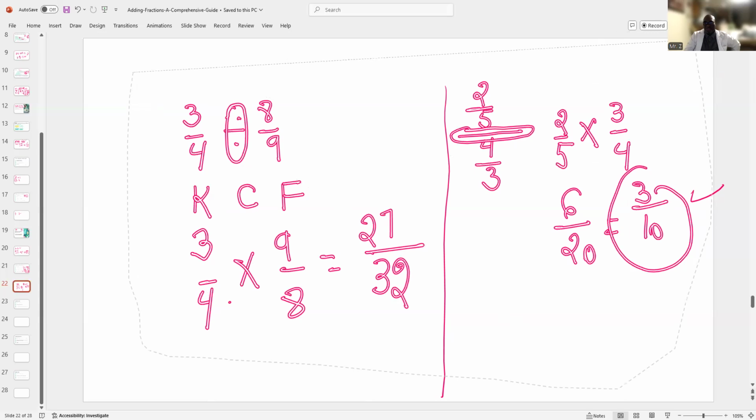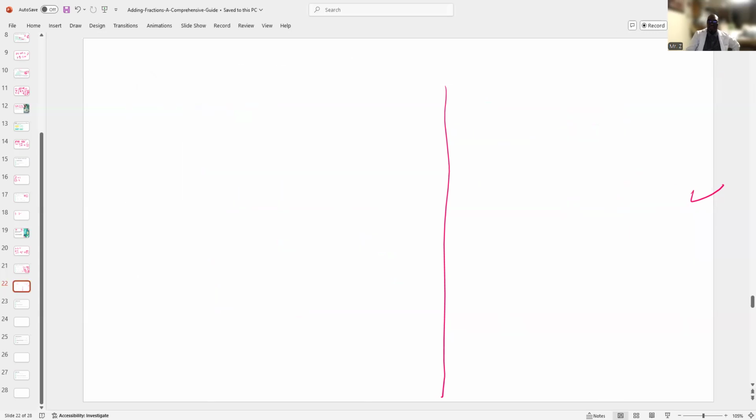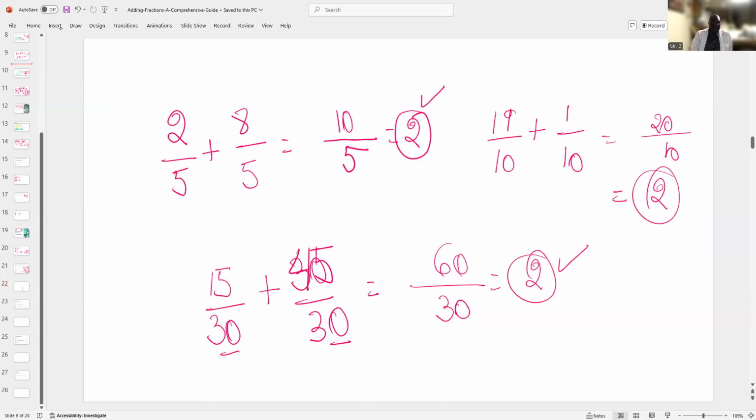It's the same concept. Once you learn them, it becomes much easier. We learned how to multiply mixed numbers, how to divide, and how to add mixed numbers. So let's do this one here.